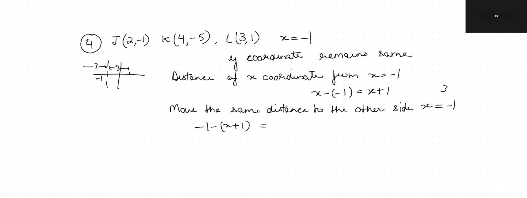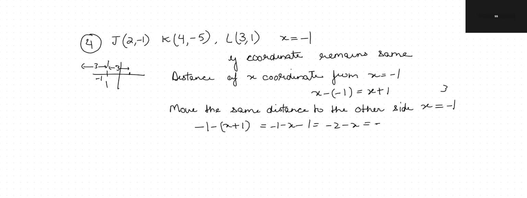So this will be negative 1, minus 3, so negative 4.